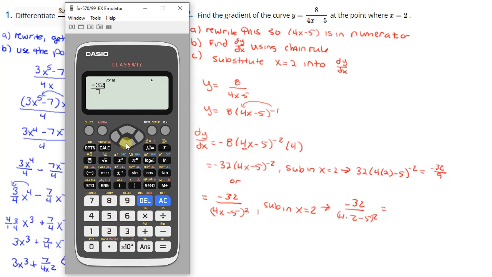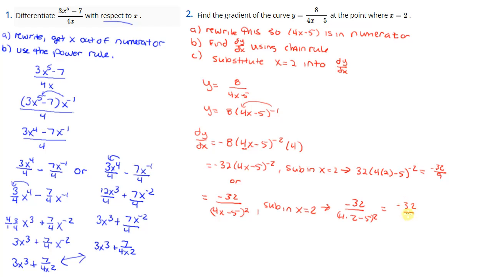If I substitute the 2, it becomes negative 32 over 4 times 2 minus 5. 4 times 2 is 8, and then minus 5 is 3. 3 squared is 9. That's still going to give me negative 32 over 9. Like I said, your calculator will work it out either way, and it doesn't make a difference if you really just need to find the slope. So that's all we have for this one.